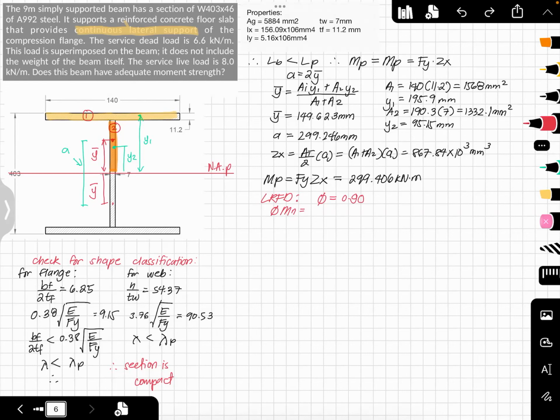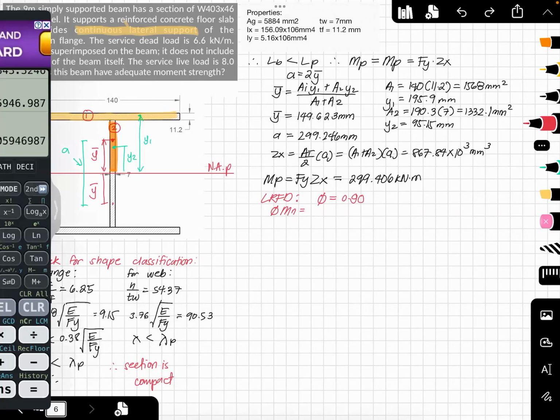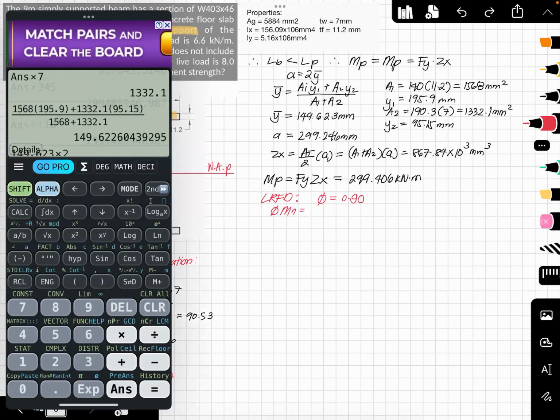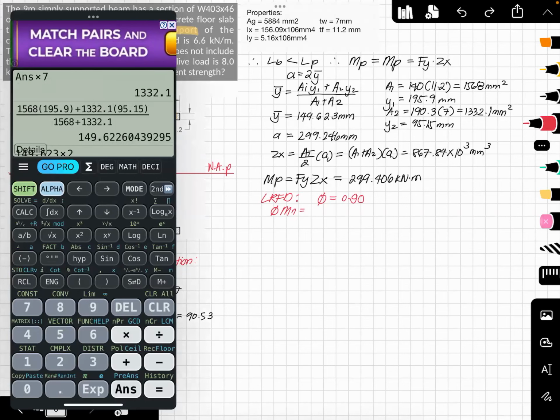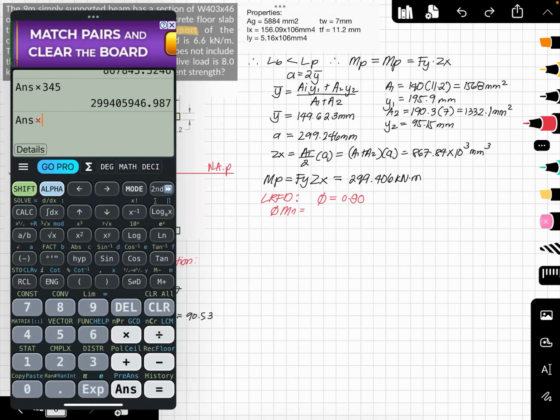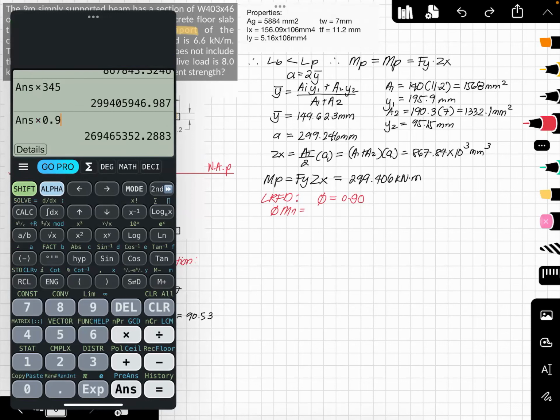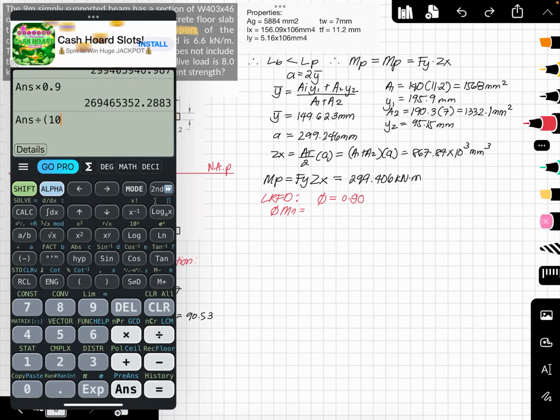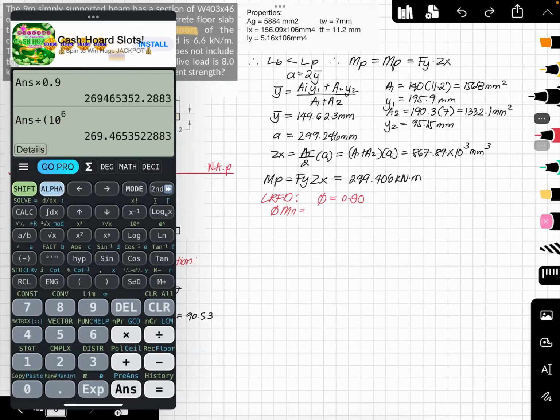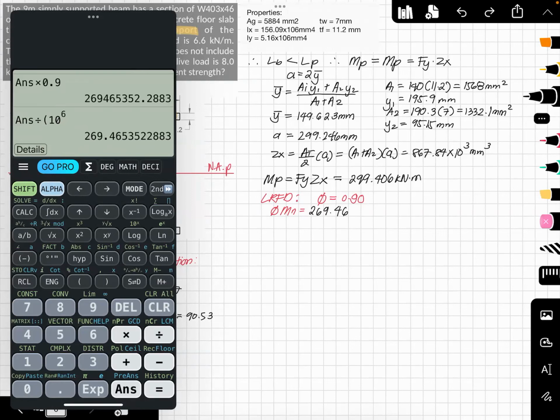So we will just multiply 299.406 times 0.9, which gives 269. So this is the capacity of the section.